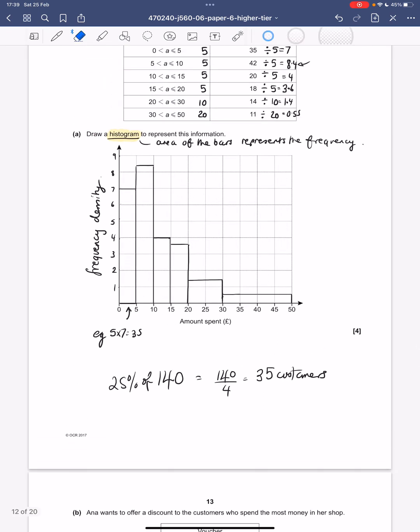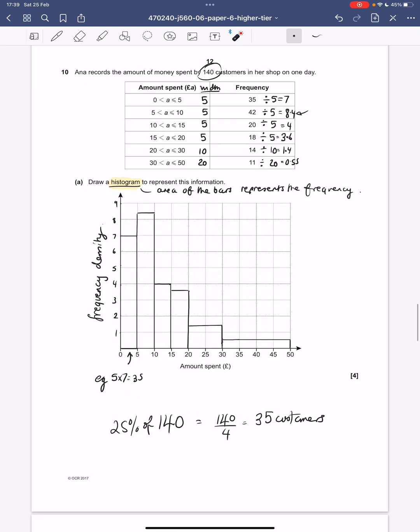Okay, the customers, we actually want the frequency now. So she's got 25 there. So they're all going to get a discount because there's 25 of them. They've all got a discount.